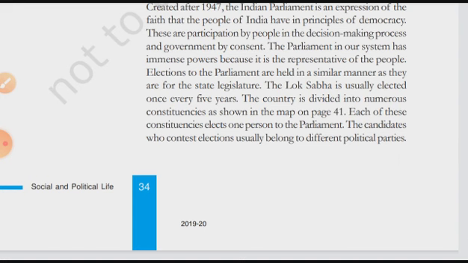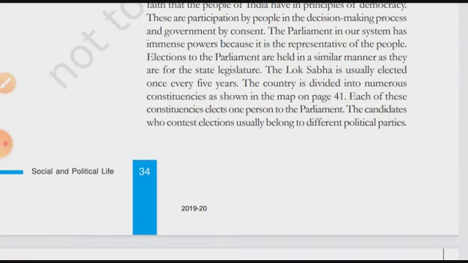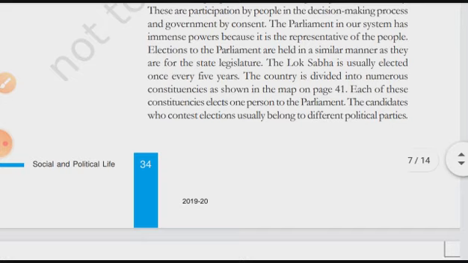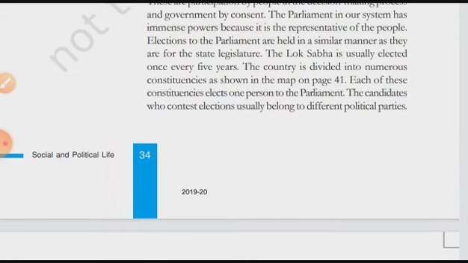As I have already told you, in 2019 the elections were conducted for the Lok Sabha. Now they will be conducted after 5 years, that is in 2024. The Lok Sabha is usually elected once every 5 years.